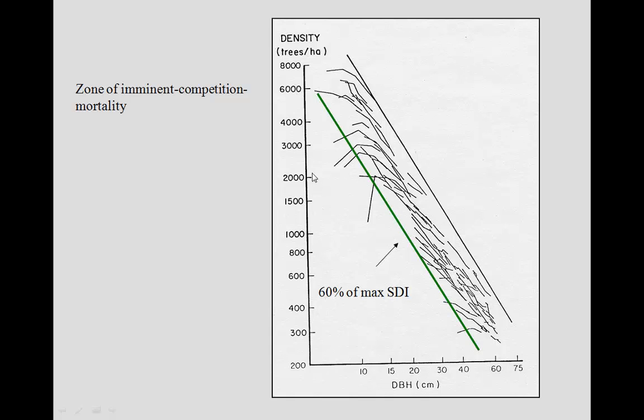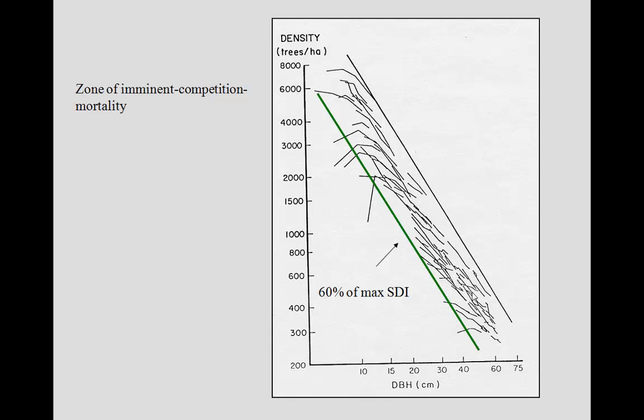Stands, the way that the axes are set up here, if you had 2,000 trees per hectare, as they grew, they would increase in quadratic mean diameter. They would get into this self-thinning zone, stage D, and the trajectory for an individual stand would come down here either very close to the boundary line or not so close, but above 60% of max SDI.